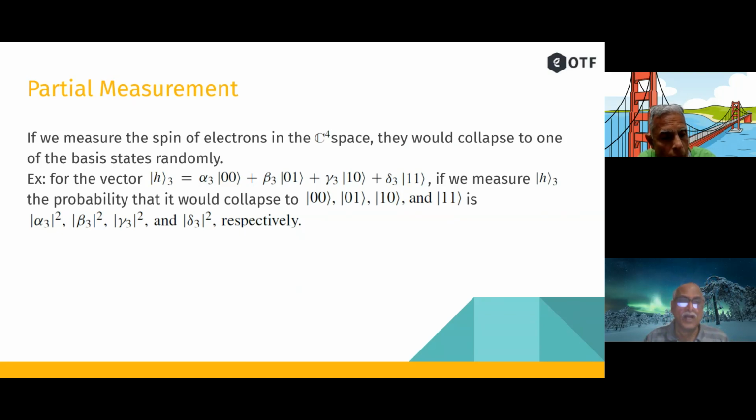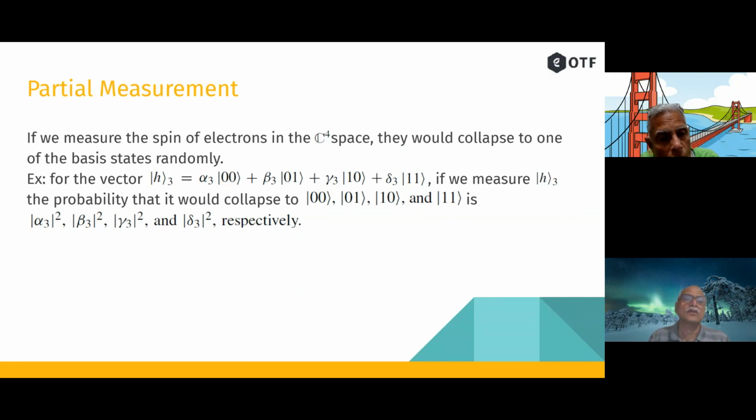So when you talk about, let us say, considering the spins of these electrons, and if they are in the C4 space, the moment you talk about measurement at that particular point of time, randomly it would collapse to any one of the four basis states. What are the basis states? 0 0 prime, 0 1 prime, 1 0 prime, 1 1 prime.